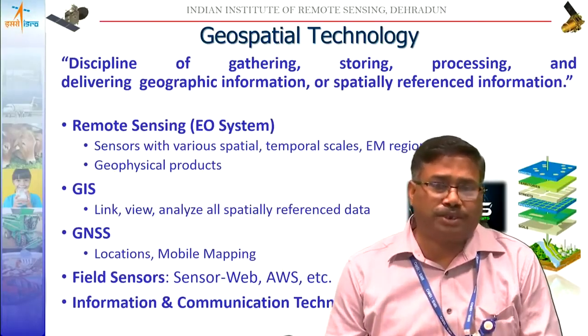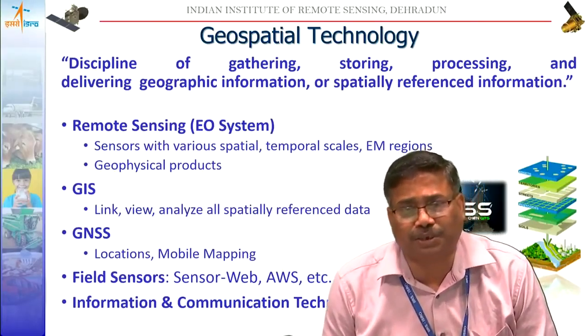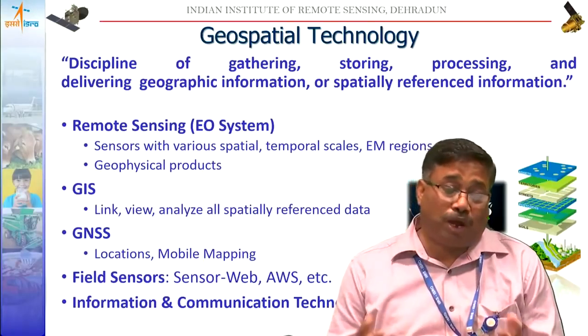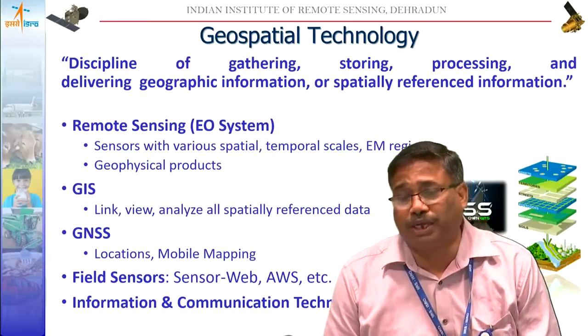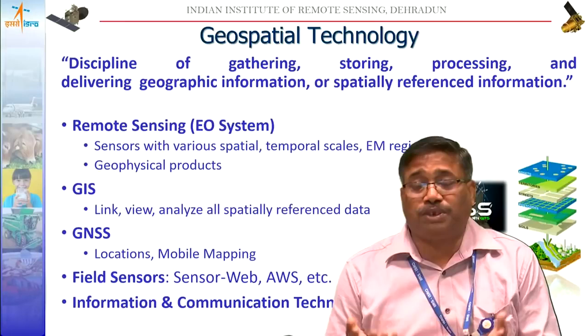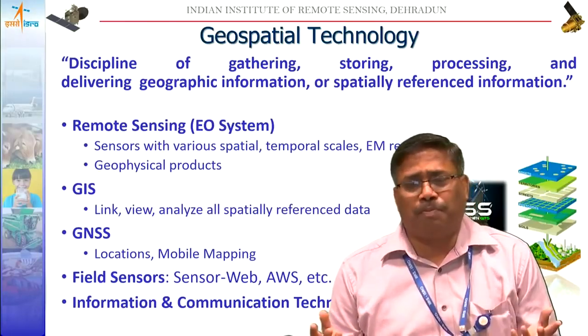Then we come to GNSS, Global Navigation Satellite System. I think many of you are much more aware of this technology, especially children who are making use of mobile phones for many purposes.